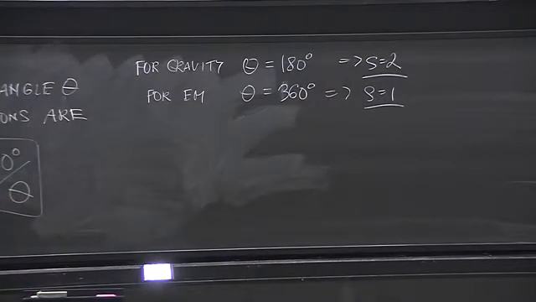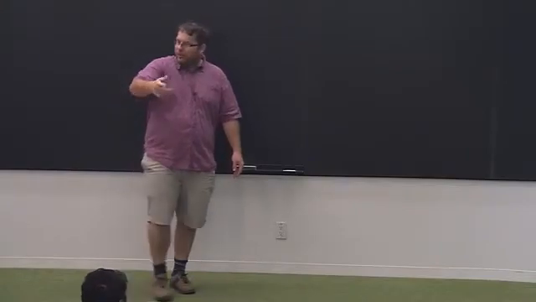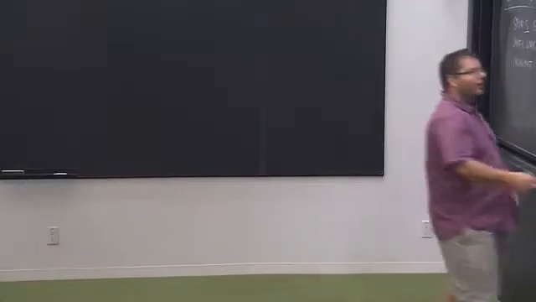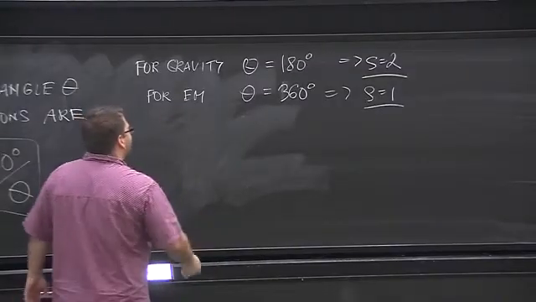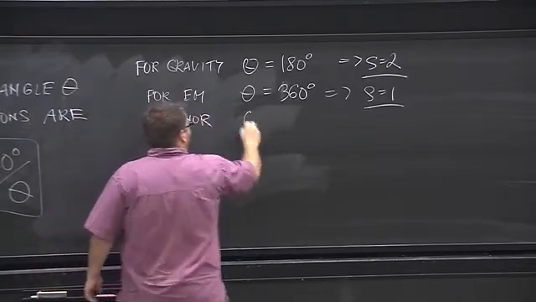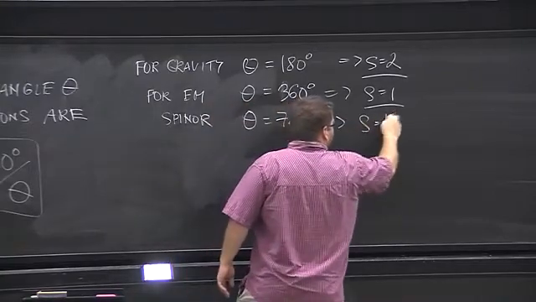If you have a spinor, it's more complicated. You have to rotate it twice all around, because if you rotate it only by 360 degrees, you get a minus sign. So for a spinor, theta is 720 degrees.